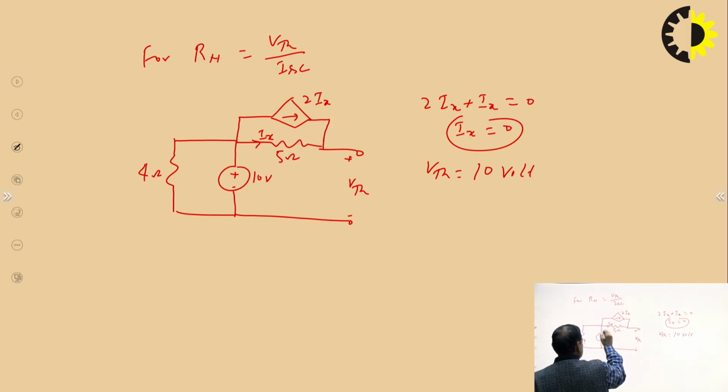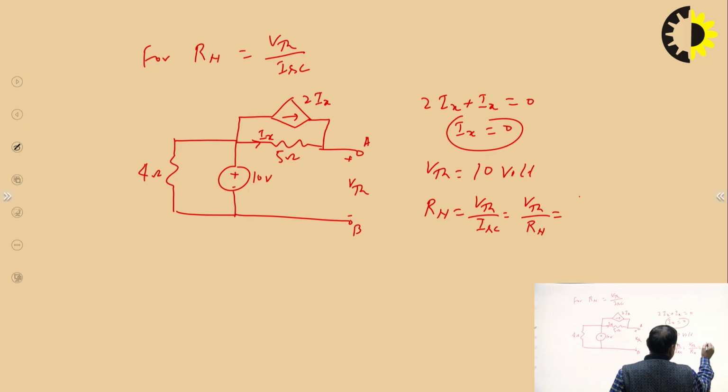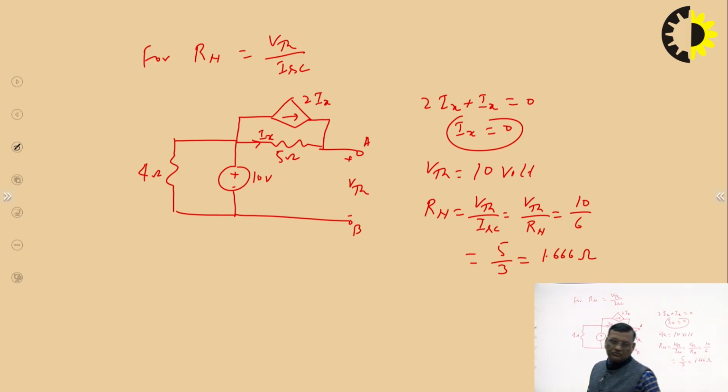So this 10 volt voltage source is appearing across this terminal, this is AV. So Rn is VTH upon ISC, which is VTH upon In. So it is 10 by 6. So it is 5 by 3, 1.666 ohm.